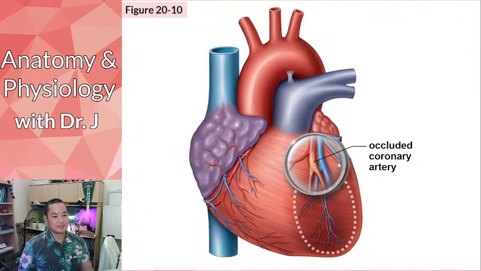So what we have here is occlusion, which means that it's being blocked off, and it's like a traffic jam, right? If there's a big rain and all these boulders fall into the street, can cars get past that boulder blockade? No, right? So what's happening if this coronary artery is completely blocked off?